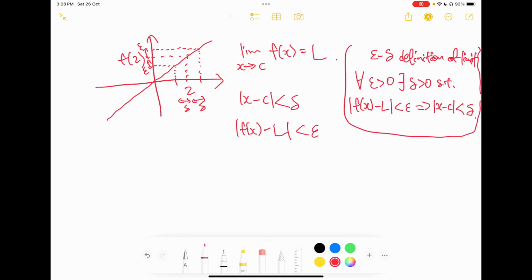This is the very rigorous, very formal, very pure math definition of a limit.